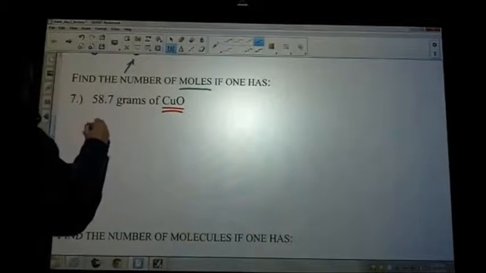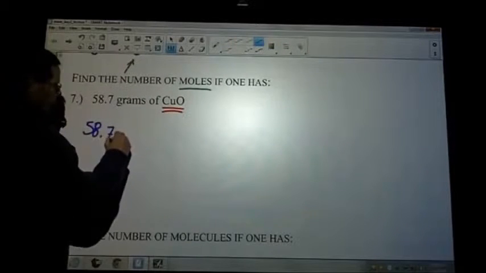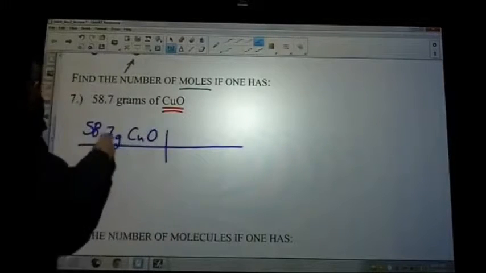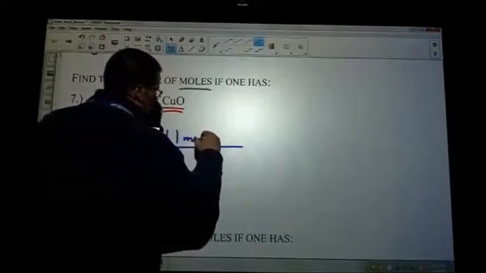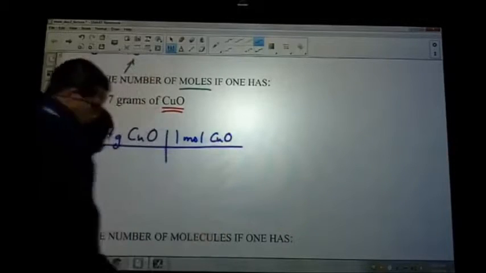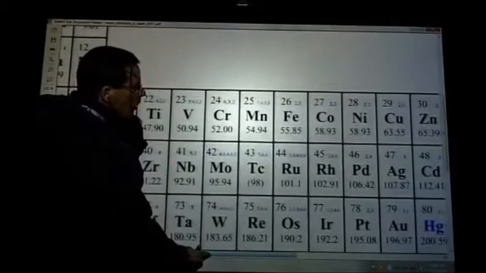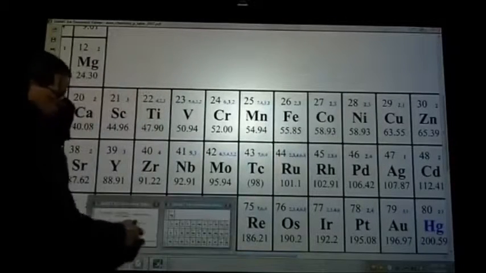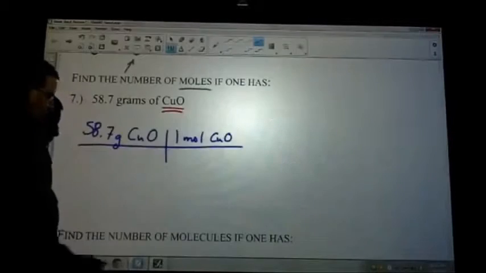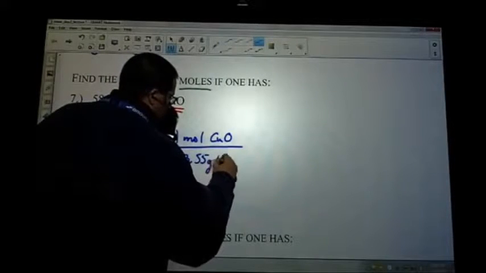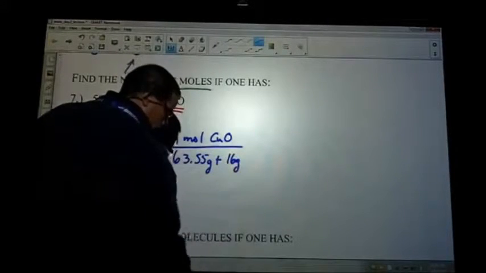So start with what you know, 58.7. Don't worry, there's more. And we're going to look for 1 mole, or what the molar mass for copper oxide is. Copper has a molar mass, yep, 63.55. Good. So 63.55, and oxygen 16.